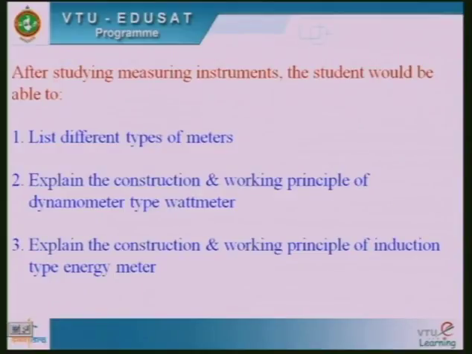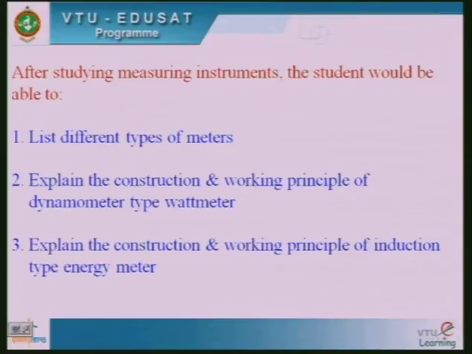Now, what is the outcome of this study of measuring instruments? In the last class I explained the basic types of instruments. Since we are considering electrical measuring instruments, these are used to measure current, voltage, power, energy, etc. We have considered primary measuring instruments and secondary measuring instruments.